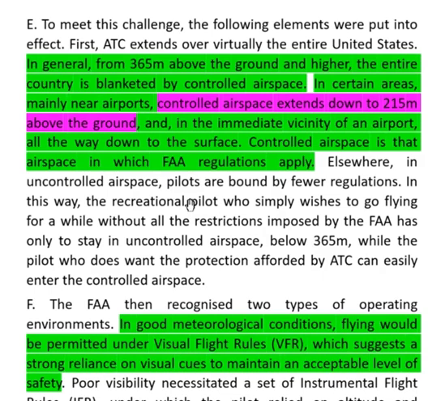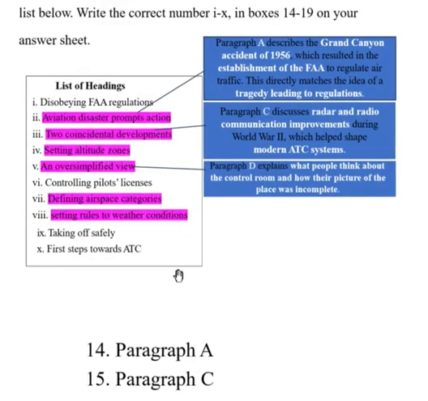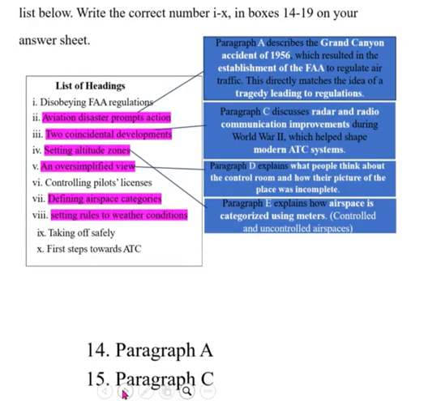So we go back to the list of headings and check for ourselves which of the headings best explains this. Paragraph E explains how airspace is categorized using meters. So we have controlled and uncontrolled airspaces.